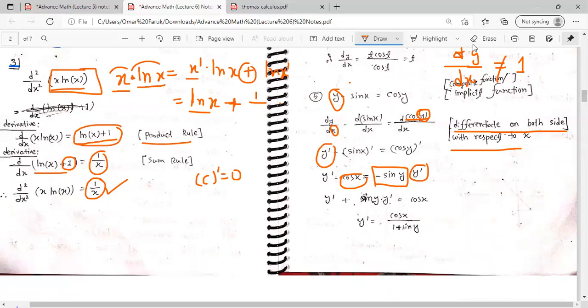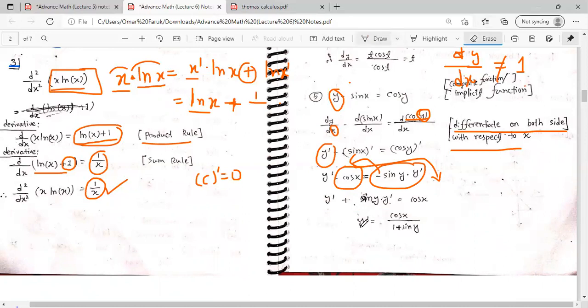So now just take this cos x on the right side and take this sin y into y derivative on the left side. So we get y derivative plus sin y into y derivative is equal to cos x.